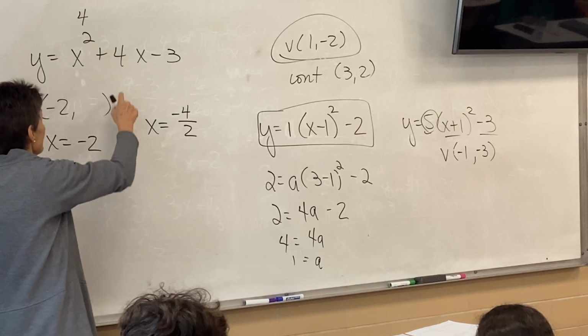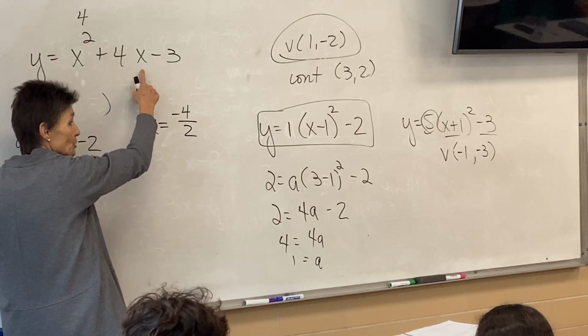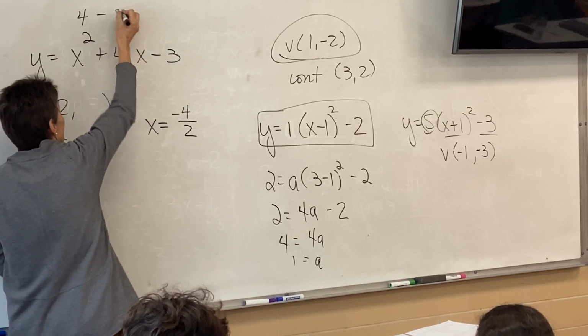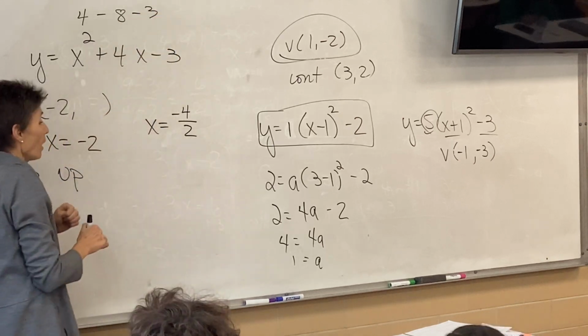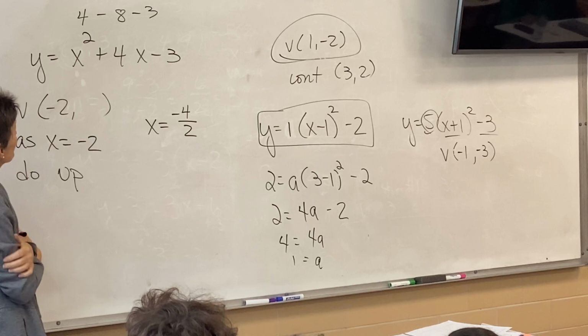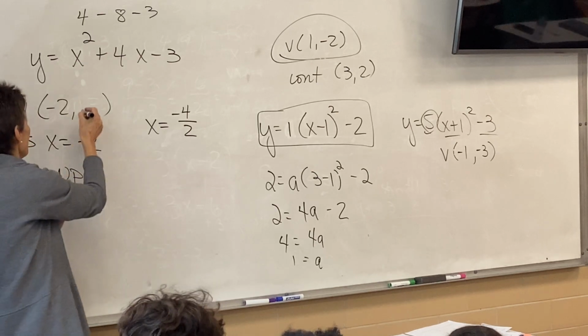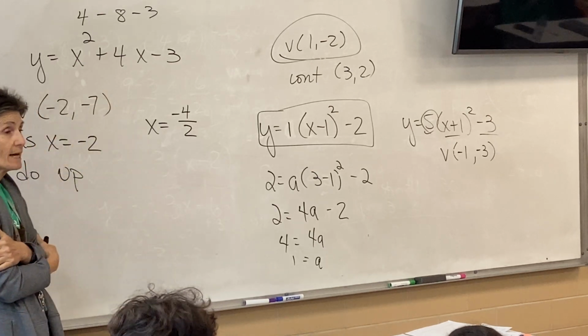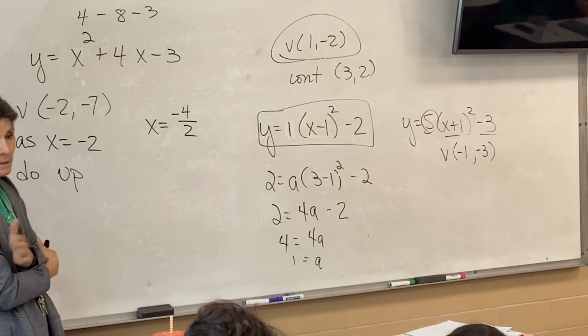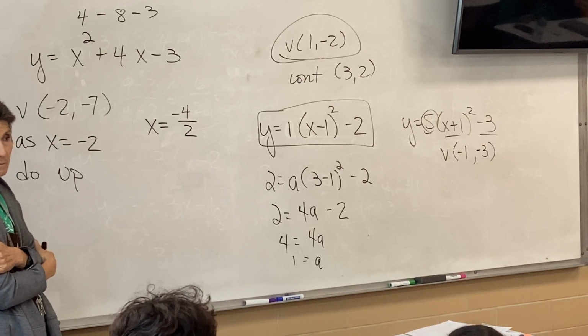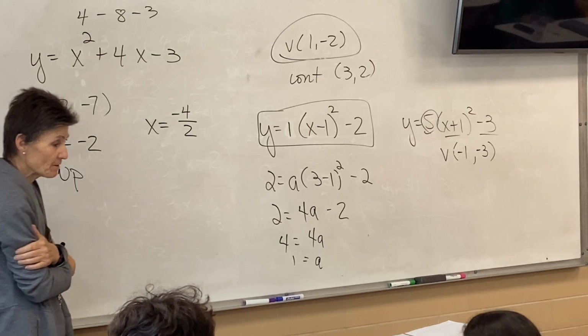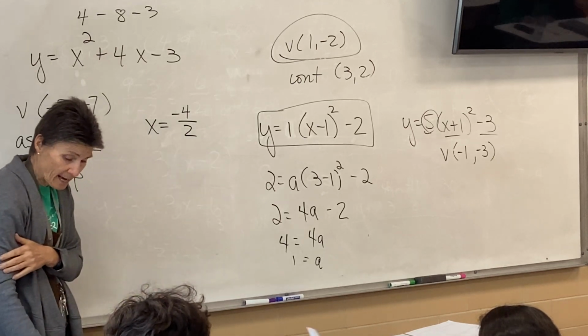All right? And then 4 times negative 2 is negative 8, and then minus 3. So what is that y coordinate? Negative 7. Yep, negative 7. So your vertex is (-2, -7). All right, there's another one just like that.